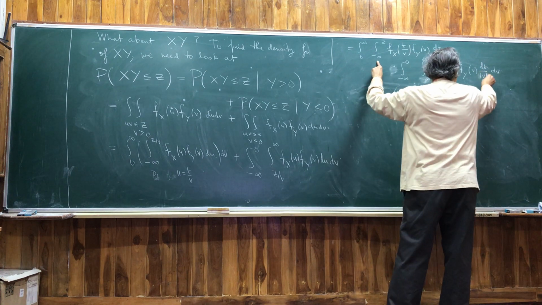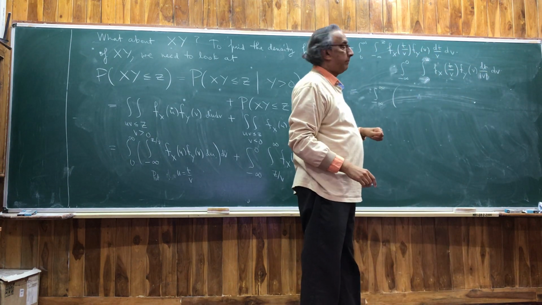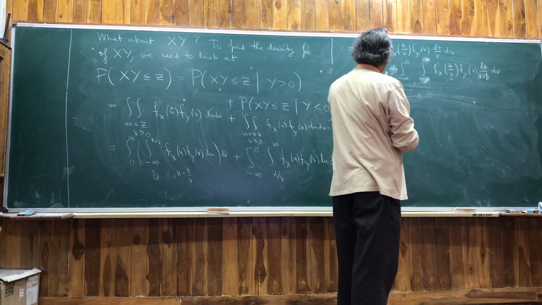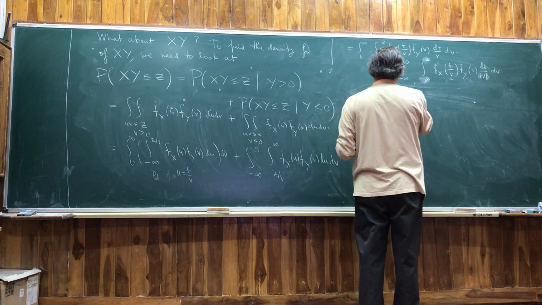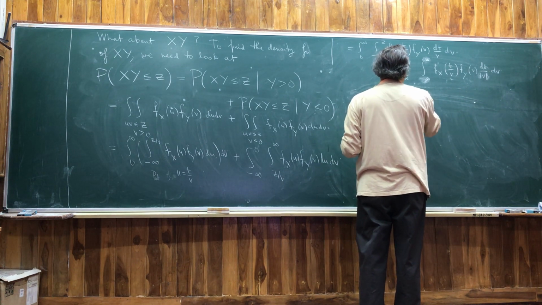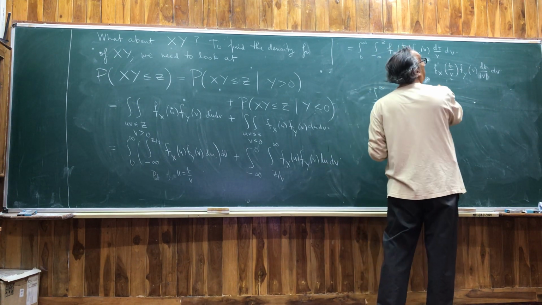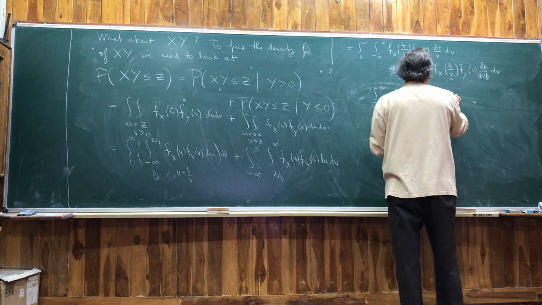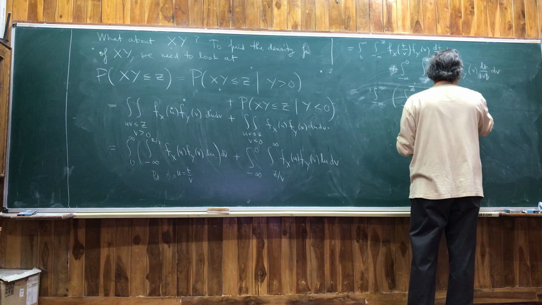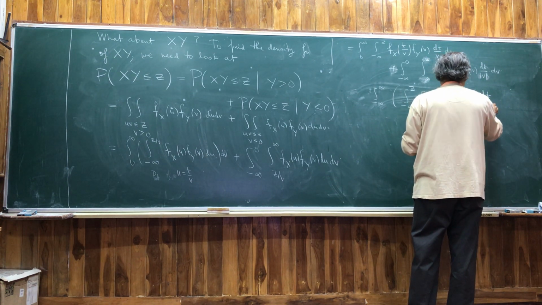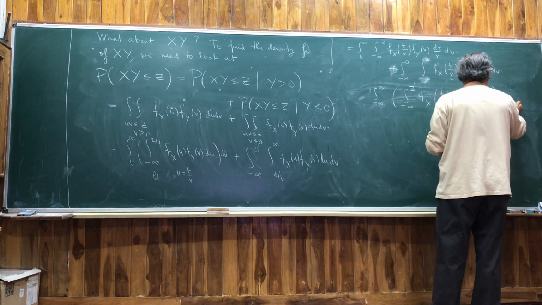Now we have plus. I have a plus sign, yes, thank you. Sorry about that. So now I've got something like minus infinity to z, f sub x of t over v, f sub y of v, dt over mod v, dt, correct?